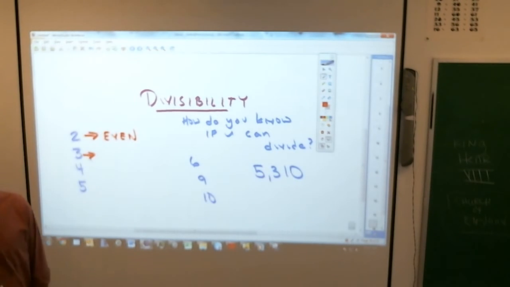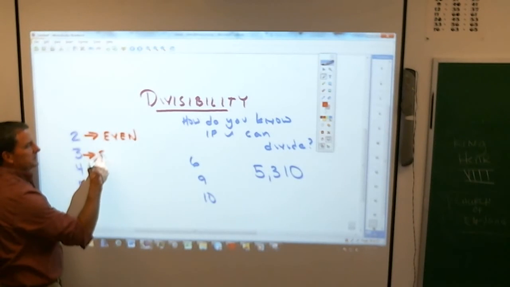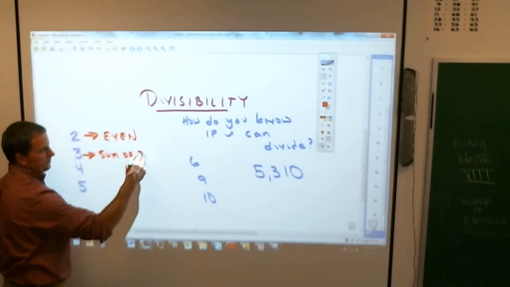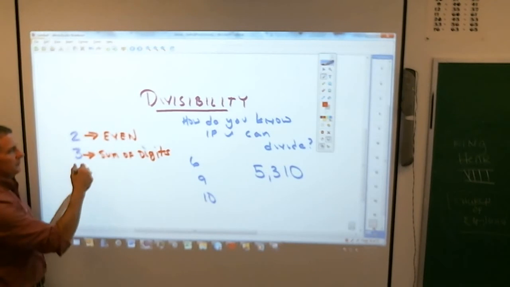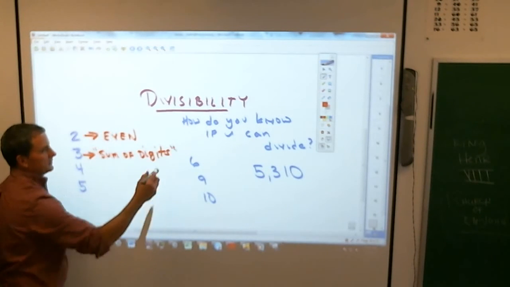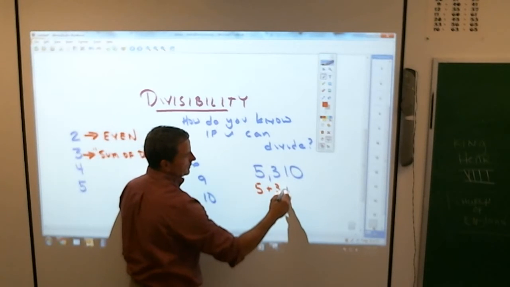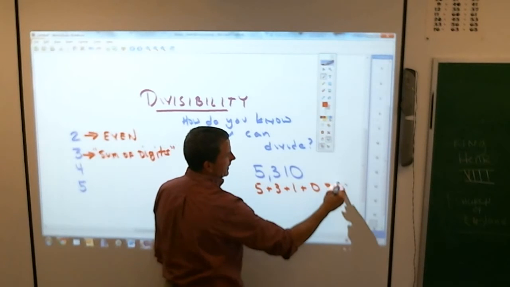And that is called, what's our mathematic word for when we do that? The sum of the digits. Whenever you talk about the sum of the digits, that means you take 5 plus 3 plus 1 plus 0, add that all together, 8 plus 1 is 9.